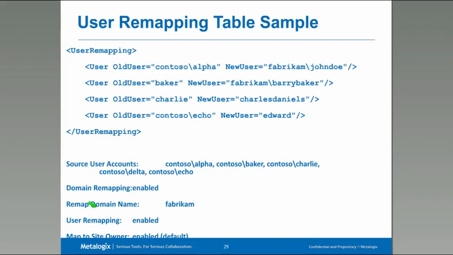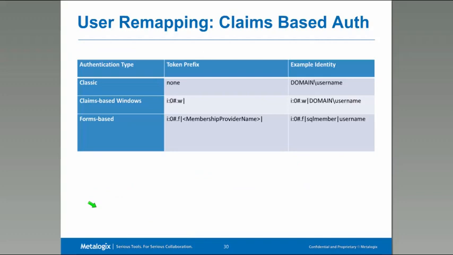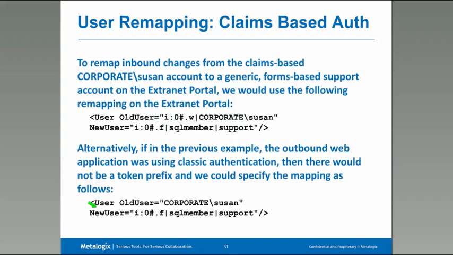An example, Potoso Alpha, new user, John Doe. All of these will get evaluated and mapped. You can also use claims, for classic claims, as long as you have the right claims-based token in there.